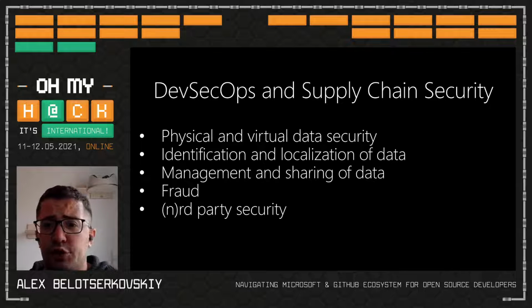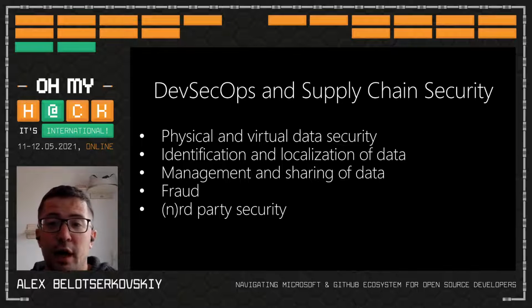Physical and virtual data security: where and how data is being stored and how it's being protected in terms of physical, virtual, firewalls, whatever. Identification and localization of data: where it's being stored, and how to identify who is using it and who is passing it over.